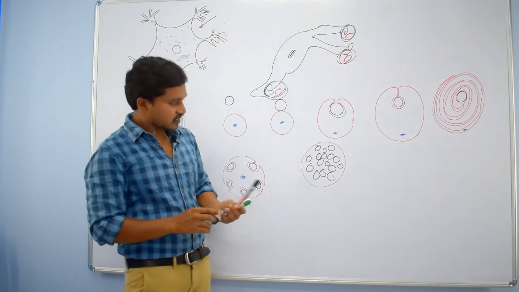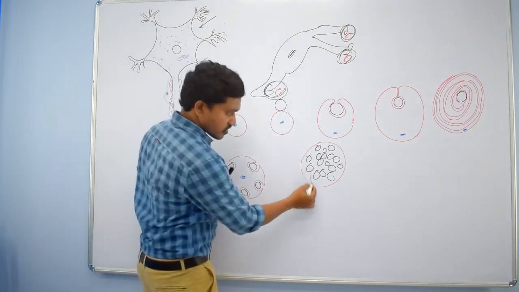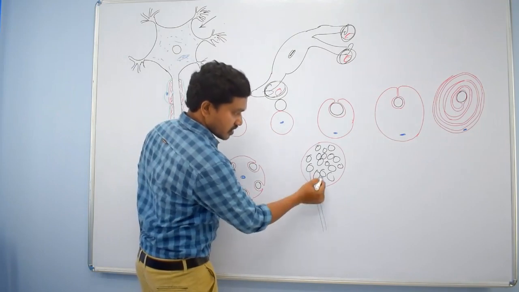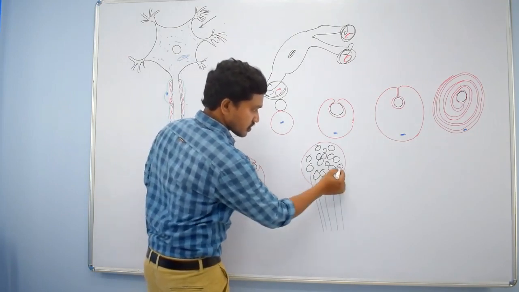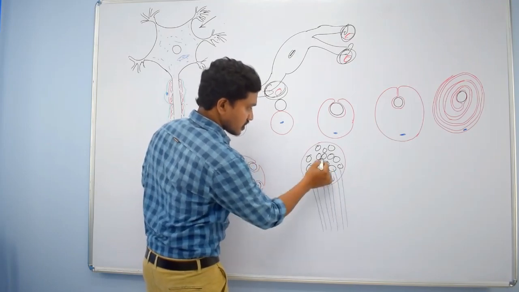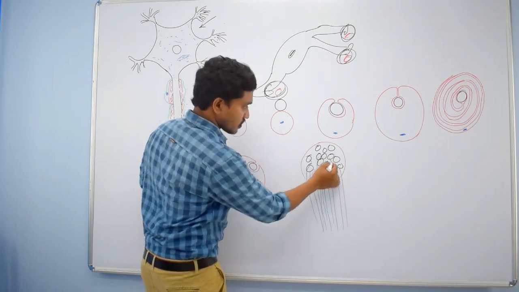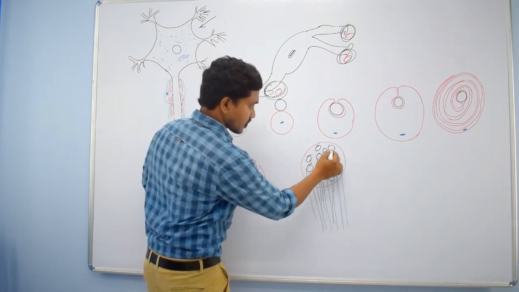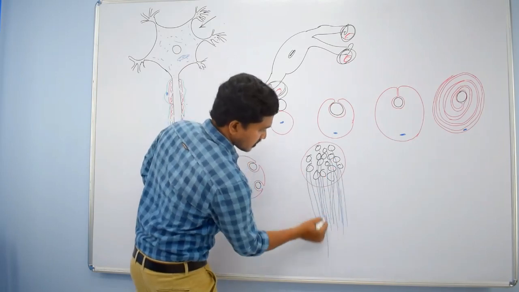And these cells will have processes, or axons, or nerve fibers. These cells have nerve fibers, no? Right? See here.